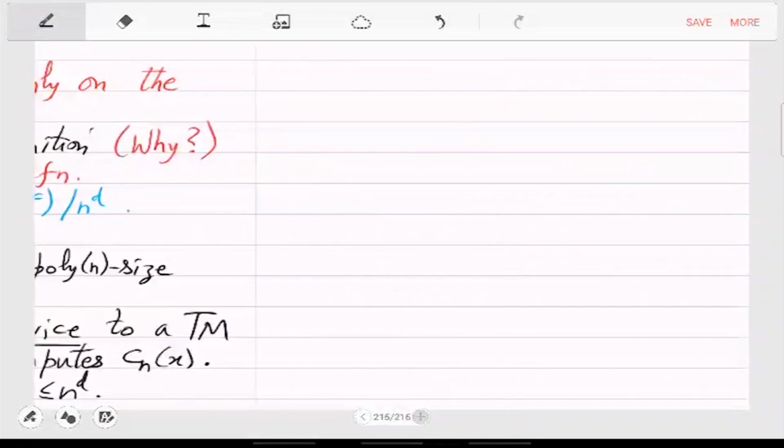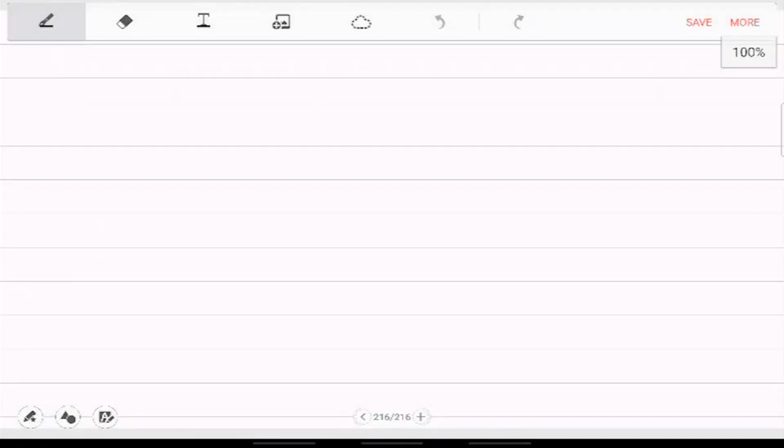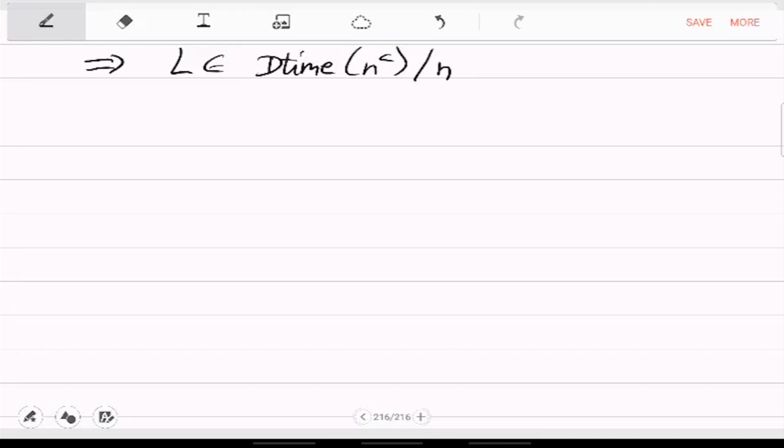And so it immediately tells you that L is in DTIME(n^c)/n^d. Hence, if L is in P/poly, it is also in the right hand side.